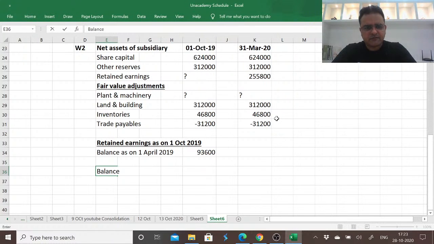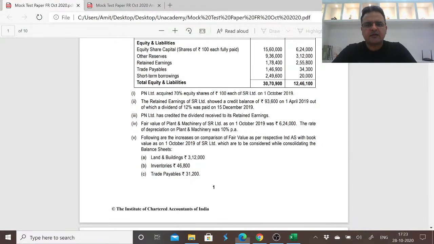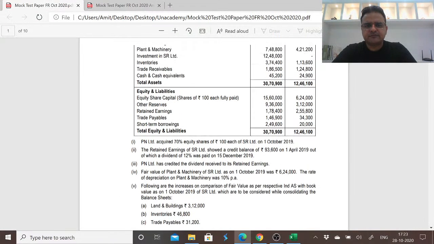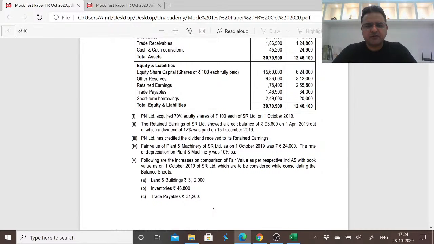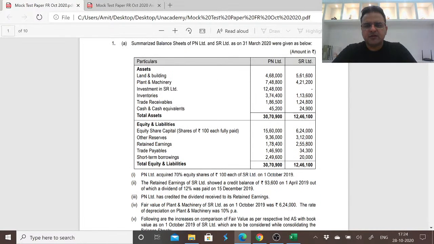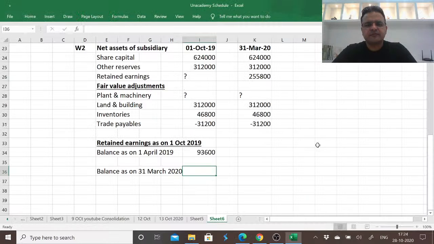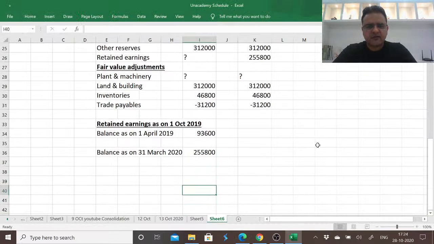Balance as on 31st March 2020 is given as 255,800. There is a dividend paid during the year.